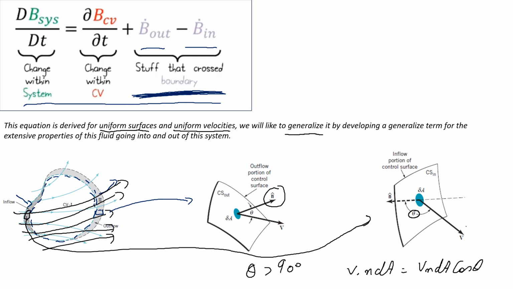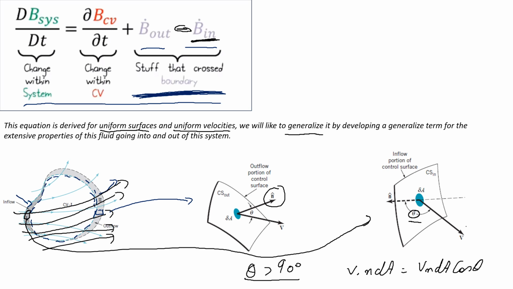When we talk about the extensive properties of a fluid that is going into the system, that is why we get this negative sign. We get this negative sign because here theta is greater than 90 degrees, so if we take the cos theta of something that is greater than 90, we will get a number that has a negative sign with it.